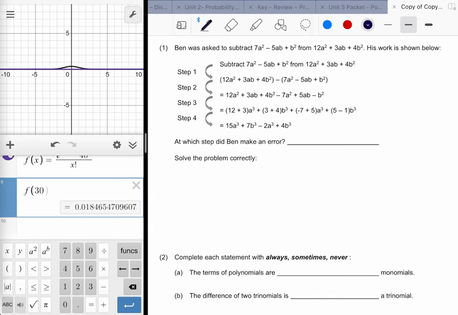So we're subtracting from 12a squared plus 3ab plus 4b squared, which means that expression comes first. And from that, we're subtracting the 7a squared minus 5ab plus b squared.